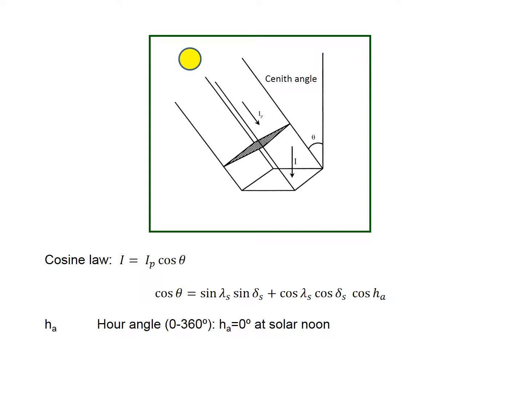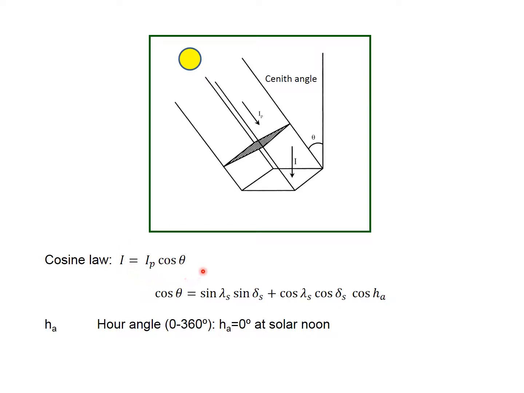If we want to calculate the flux of energy on a horizontal plane like here as a function of incoming radiation in the direction of the sun rays, the relationship is like this.